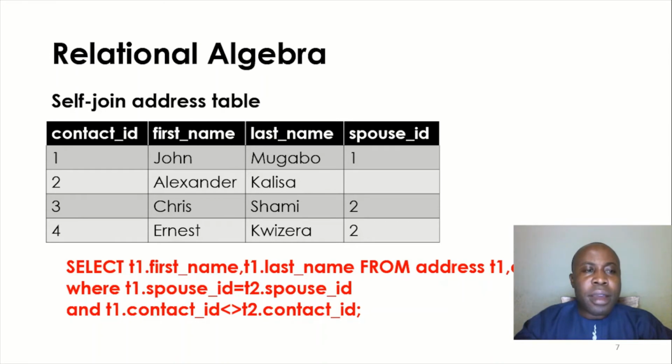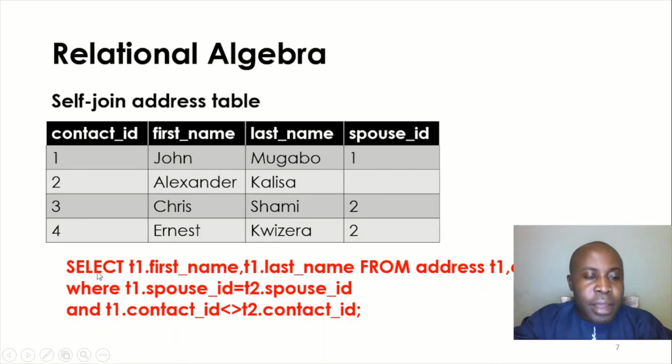Then we have what we call self-join. Self-join is the way you can provide a request to a given table and to a copy of itself. Let's say the table is called address. It has got 4 columns: contact ID, first name, last name, and spouse ID.